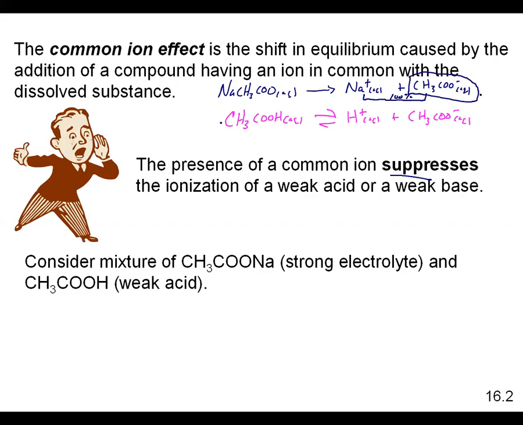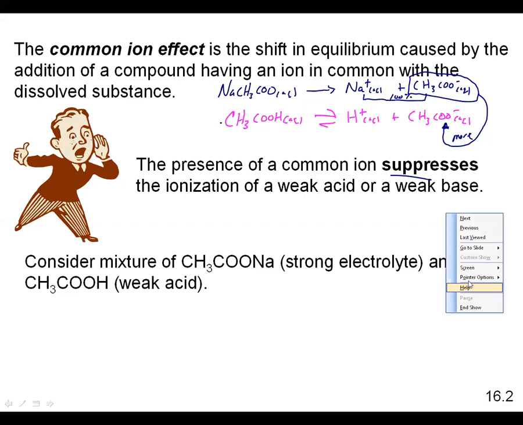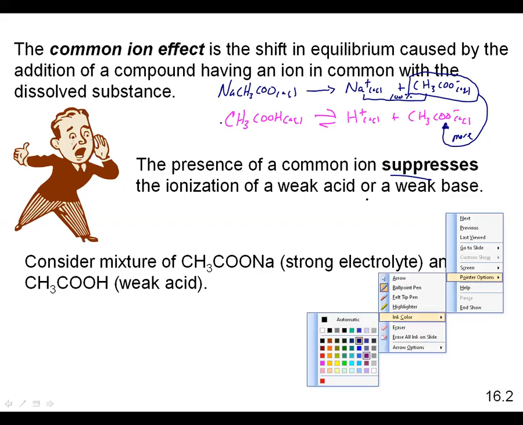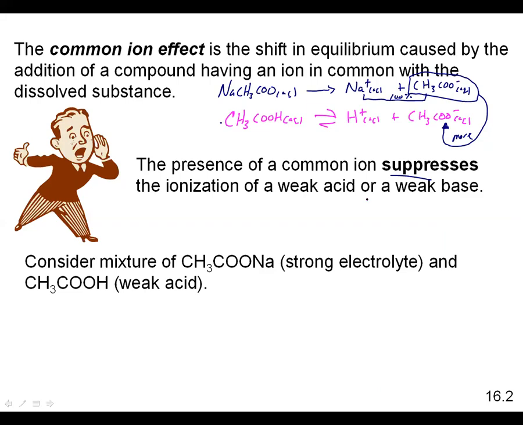And by adding sodium acetate to the solution, it's effectively adding more acetate to it. And when we add more acetate to it, our good friend Le Chatelier will tell us, hopefully you know this in about an hour, that when we add more acetate, it's going to cause a shift in the equilibrium.